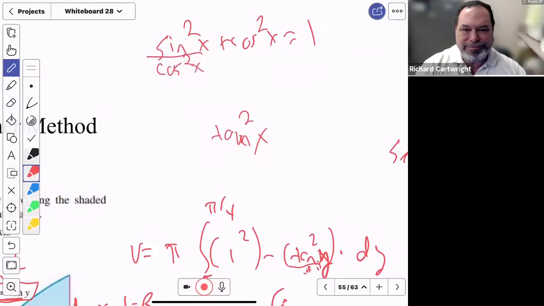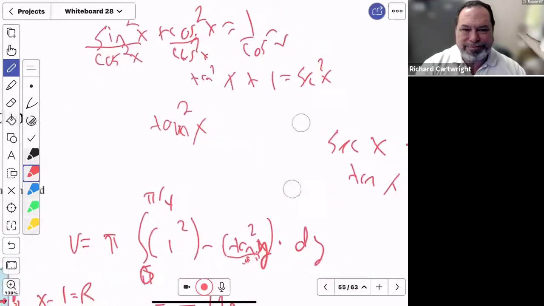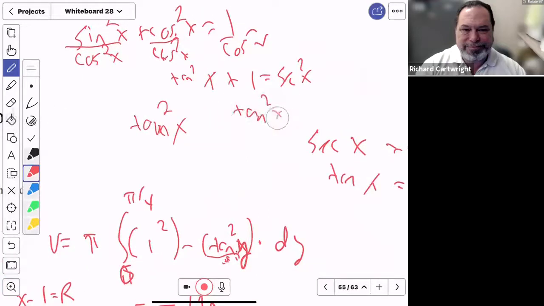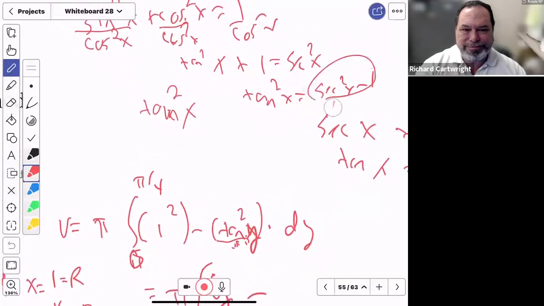Sine squared over cosine squared plus cosine squared over cosine squared gives me tangent squared of x plus 1 equals secant squared. My identity for tangent squared, which who knew you had to ever do this again, is secant squared x minus 1. That's the conversion I'm going to have to do.